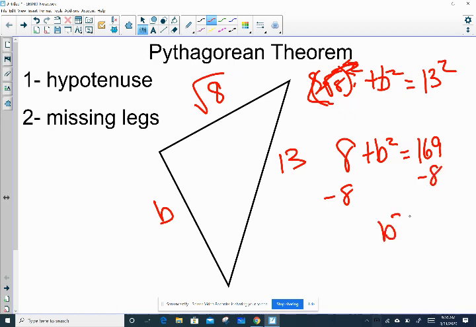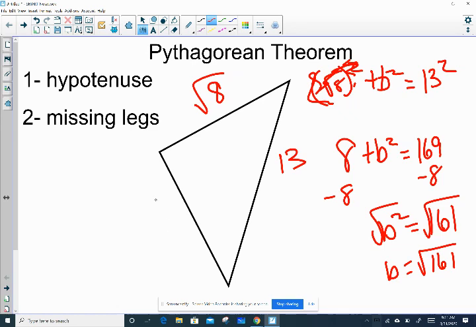I get b squared equals 161. Taking the square root of both sides, I get b equals the square root of 161, 12.0 decimal. Don't have to worry about it. Just ignore it, and we're just going to leave the square root of 161. So b is the square root of 161. It's called an exact length.